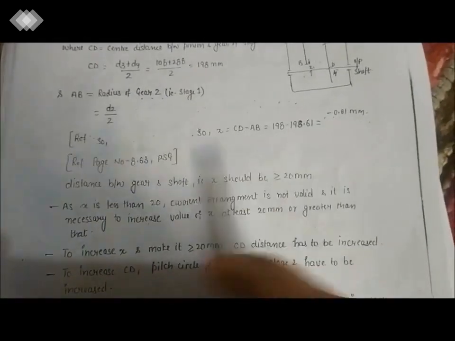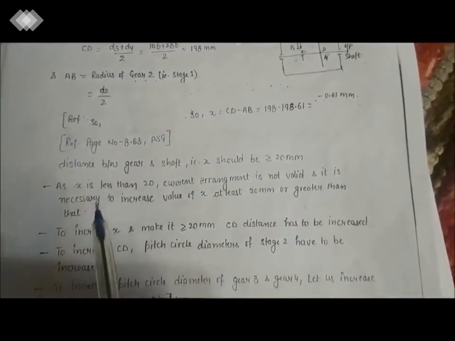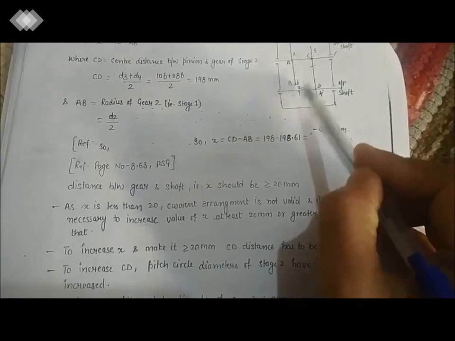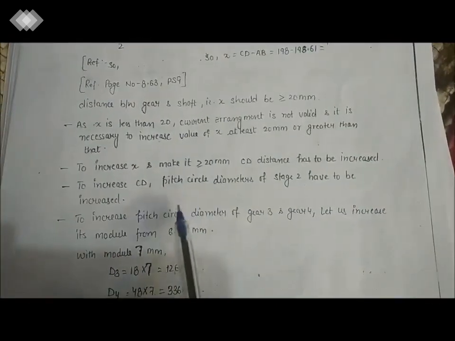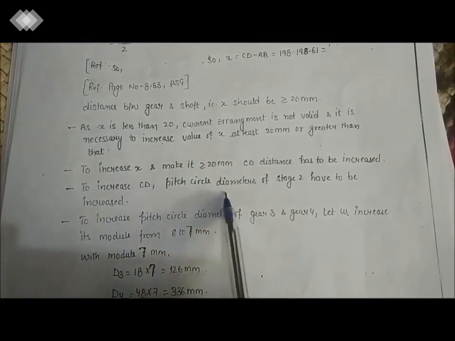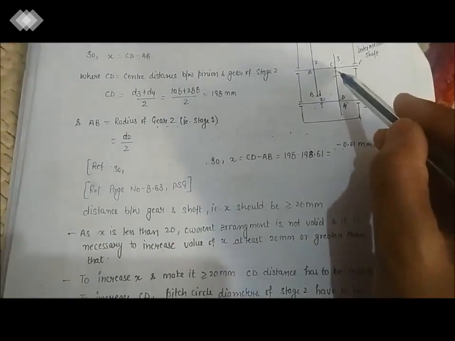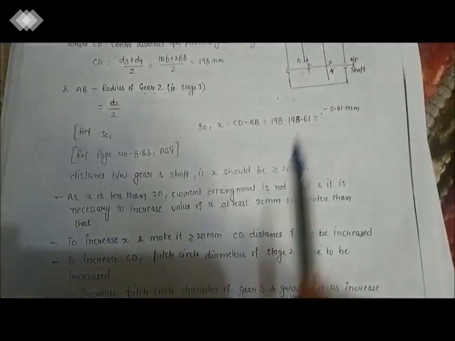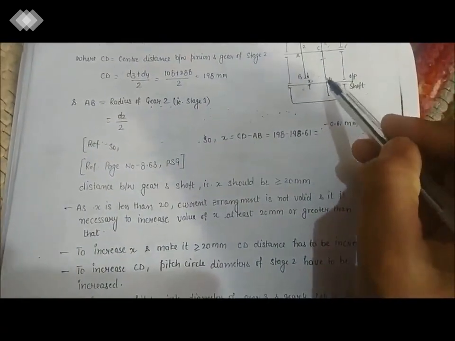But if x is less than 20 mm, then we should increase this center distance so that distance x will increase. And how to increase the center distance CD? The pitch circle diameters of stage 2 have to be increased. If we increase the diameters of gear 3 and gear 4, then this distance, and hence x, ultimately increases.